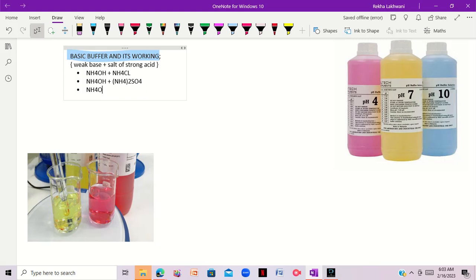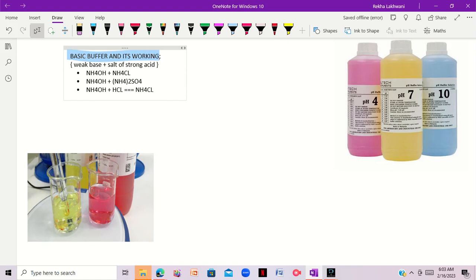If it combines with HCl and these both react, it will form ammonium chloride plus water.